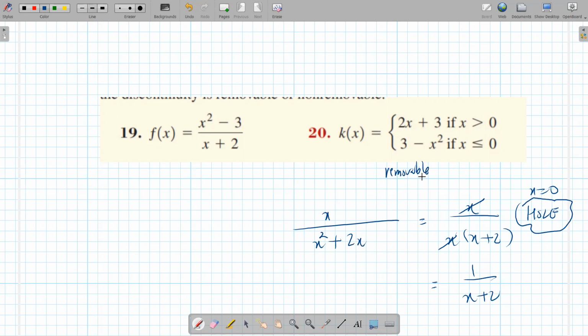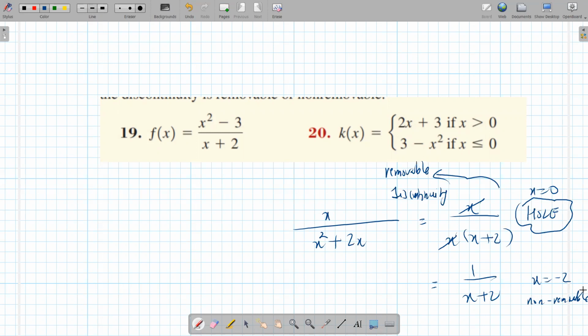A hole is a removable discontinuity. What's a non-removable one? Can you give me an example of that? So at x equals 0, there's a removable discontinuity, but at x equals -2, there's a non-removable one. A hole equals removable, right?